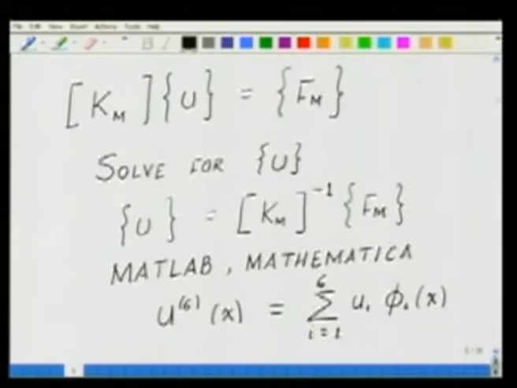Now, the question arises: why did we not ignore the first equation right away? Because the first equation was meaningless from our point of view, because we completely changed it, that is the first row, because U1 was known to us. Now, we have to remember that when we are developing a method, it has to be a general purpose approach. This was a particular example we took for which U1 is a known value.